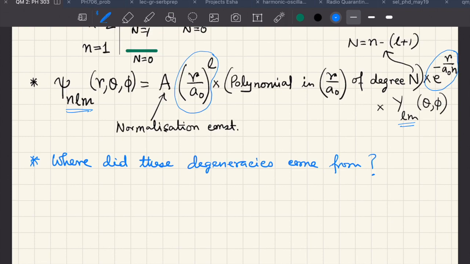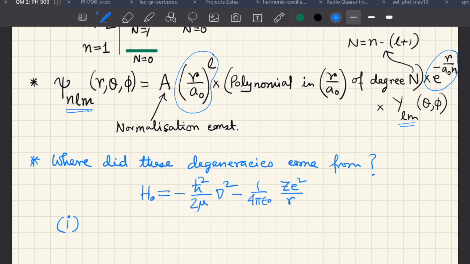So we have to think about this Hamiltonian H naught, which we had written: minus h-bar squared by 2 mu del squared minus 1 by 4 pi epsilon naught Z e squared by r. We have to think of what different kinds of symmetry are there in this Hamiltonian or in the system in general. So let us think about them.